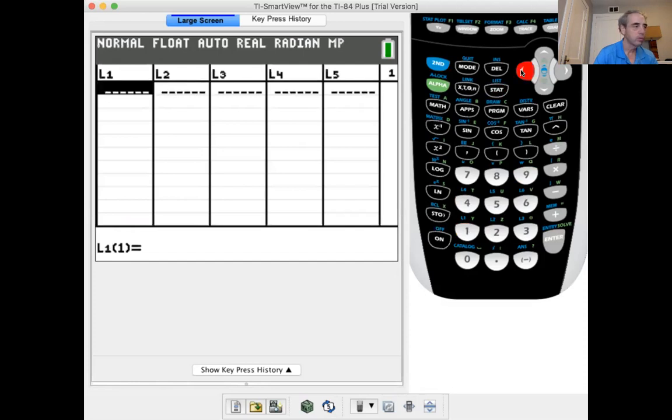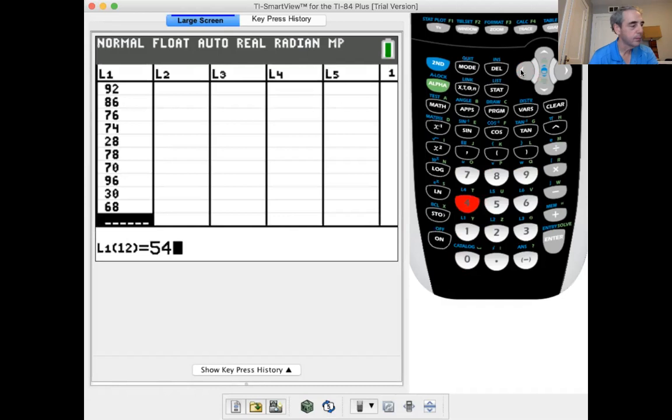And arrow it over to L1 and let's put it in. 88, 92, 86, 76, 74, 28, 78, 70, 96, 30, 68, 54, 74, 32, and 90. And there were 15 numbers again in this list, so I feel pretty good about that.